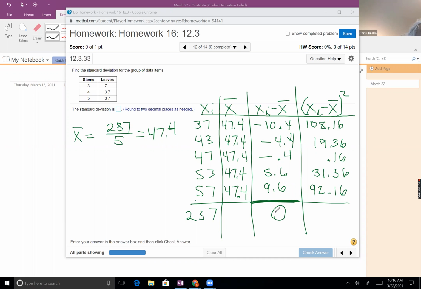So now let's add that column of squares: 108.16 plus 19.36 plus 0.16 plus 31.36 plus 92.16. That column adds up to 251.2.